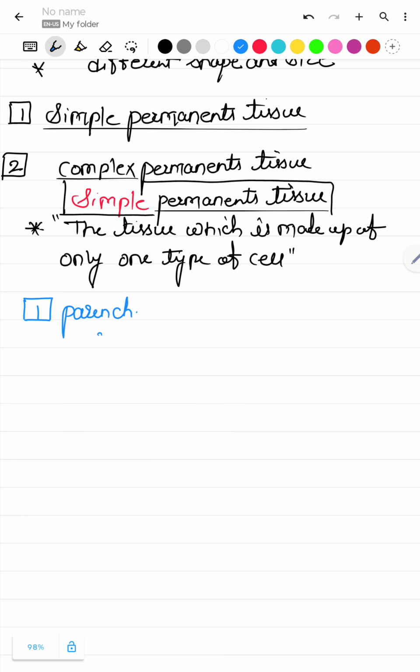Paren means primary, and chyma means skin. Primary skin tissue. So parenchyma tissue is the first type.